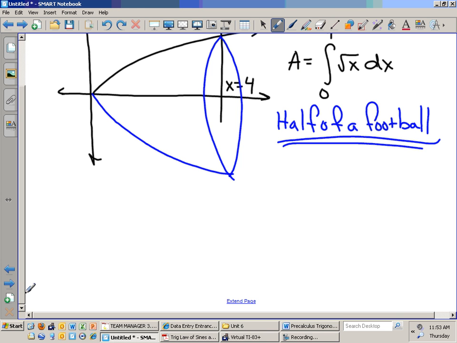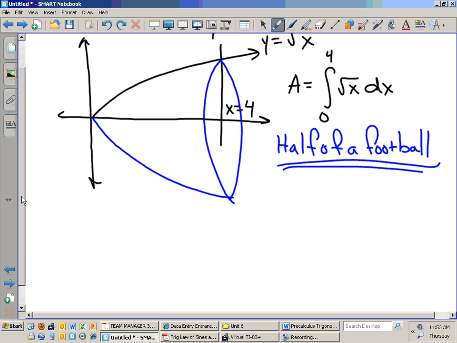So, what I would like to do, and this is really the theory portion of what we're working on, is slice off a disc.